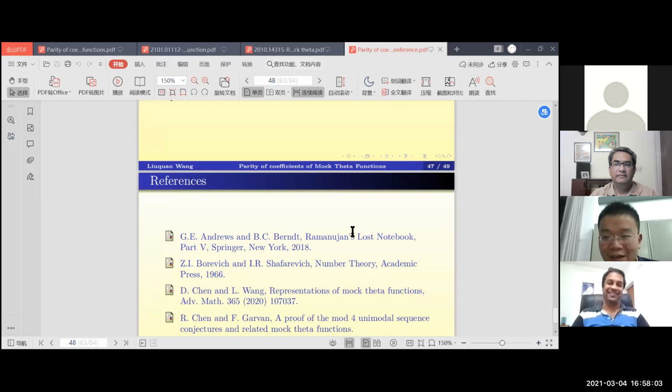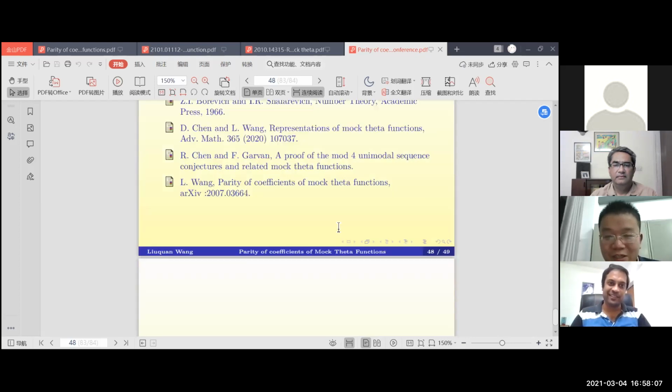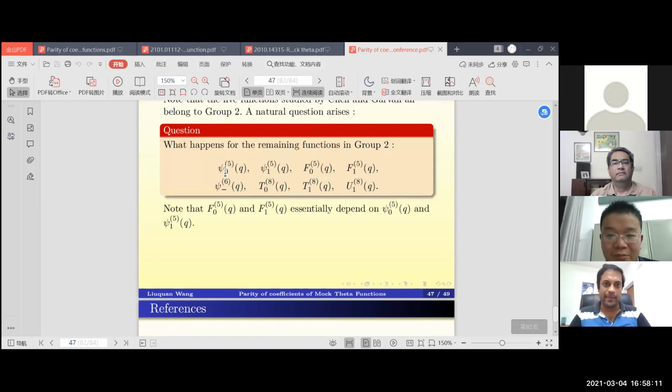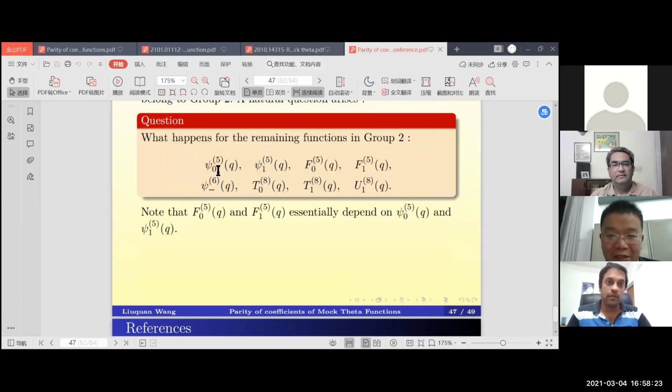Yeah, actually, for the next project, I am more interested in the question I proposed here. I want to study the modular properties of these functions. Because if you read the paper of Chen and Garvan, you will see it's quite interesting. But their paper cannot deal with these 6 functions. So I wonder whether we can do it.